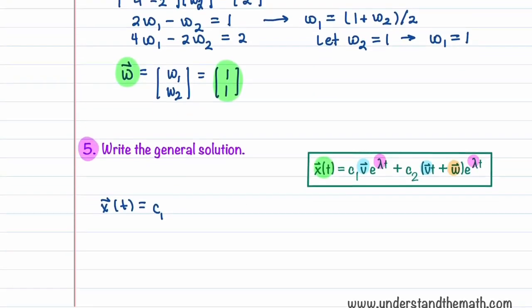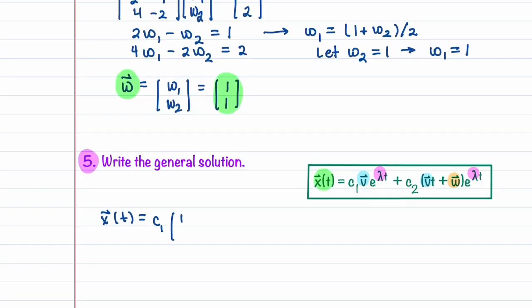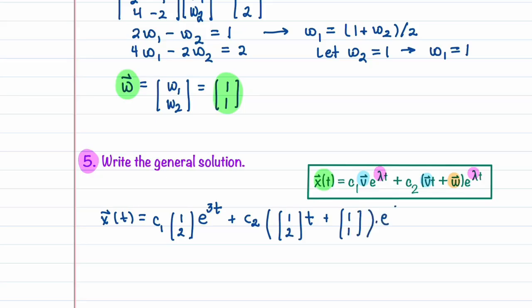It is [1; 2] times e to the lambda t. Lambda was 3, so we have e to the 3t. And now we're going to have a c2, and we're going to have our vector v again, [1; 2]. That multiplies t. And then we're going to add on our vector w, which was [1; 1]. And all of this gets multiplied by e to the 3t. And there's our solution.